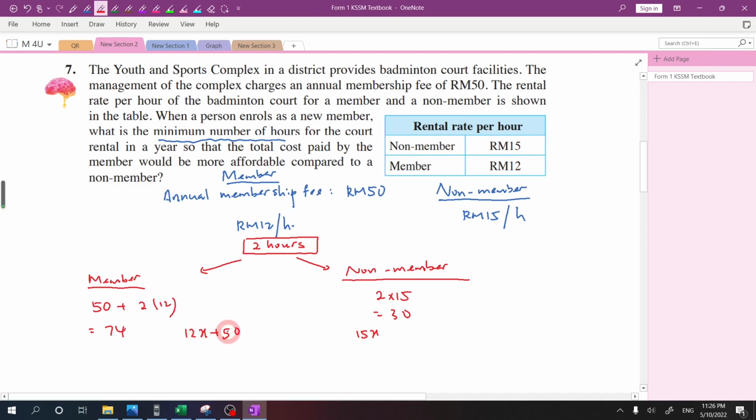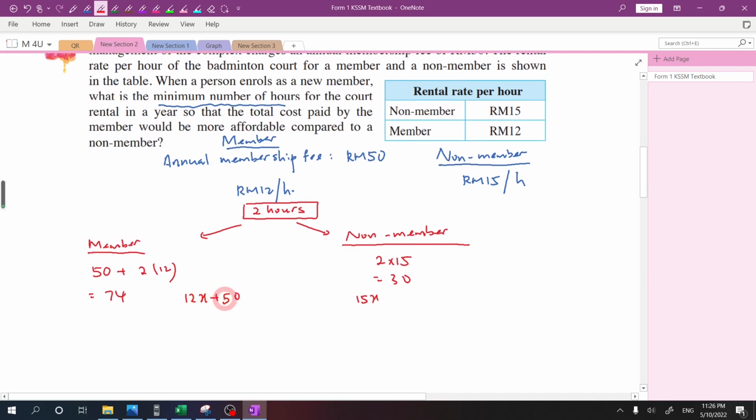We plus 50 because the membership fees is 50 ringgit. Okay, since we want the member to be cheaper, this will be less than this. We want to calculate the minimum number of hours. Okay, so I just bring the 12x over here. Minus 12x.